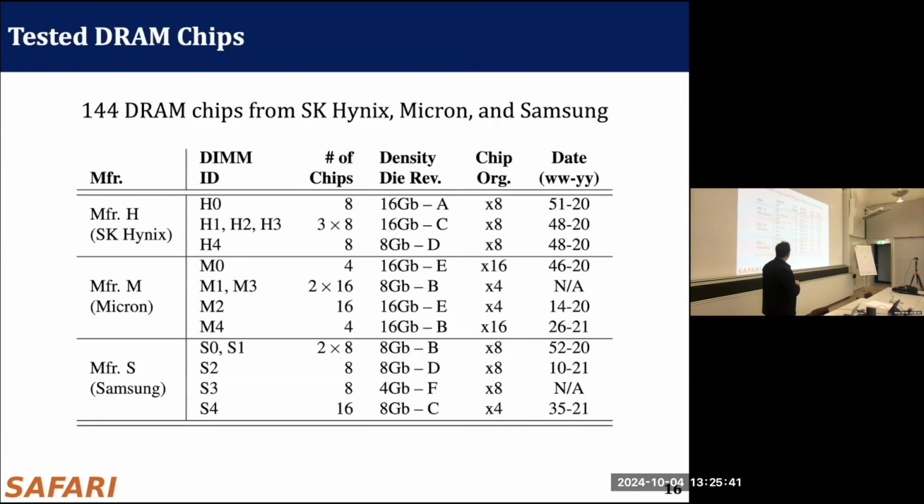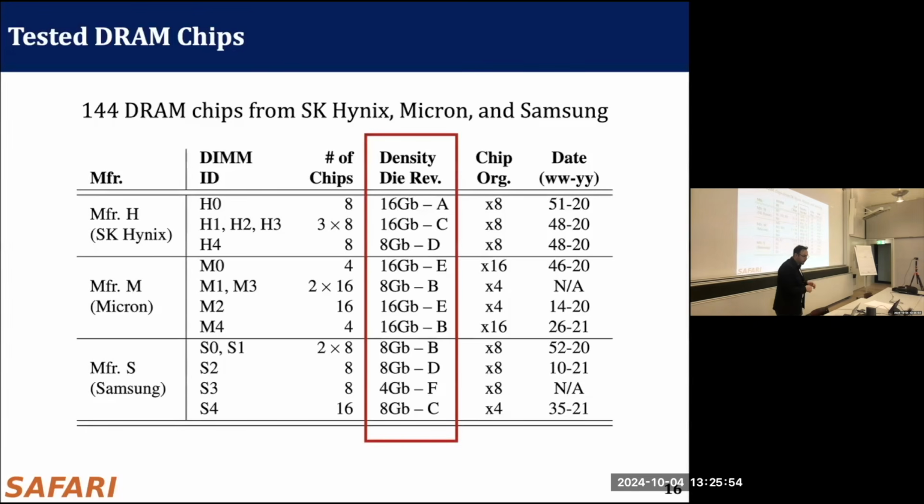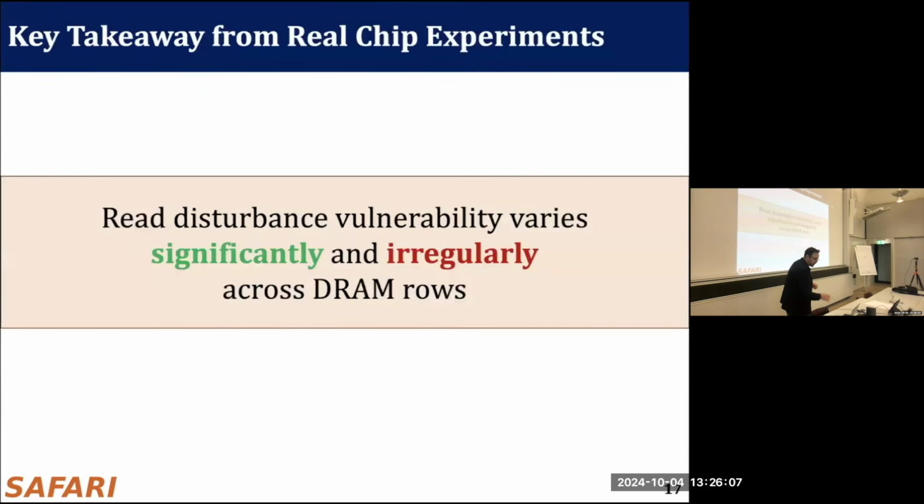So if you just go to Amazon or Galaxus and buy a DRAM chip randomly, probably you will hit one of these. We cover different densities and die revisions to see if our observations are correct across generations as well. They also implement different chip organizations, so these are different kinds of chips from these manufacturers.